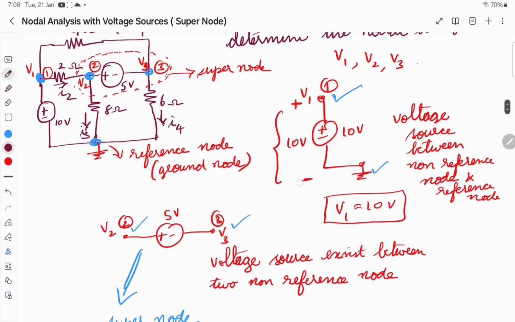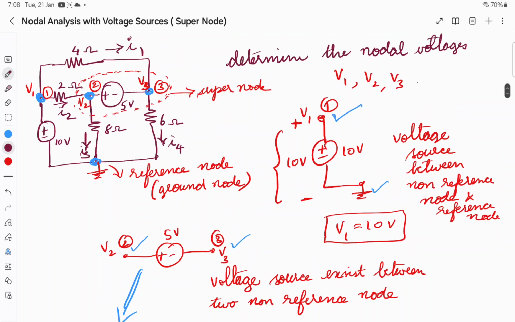Now we will apply Kirchhoff's current law. KCL at node 1: this is node 1, so obviously V1 is going to be 10 volt between these two points.